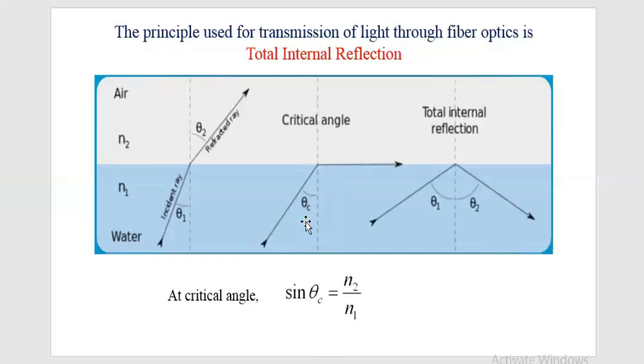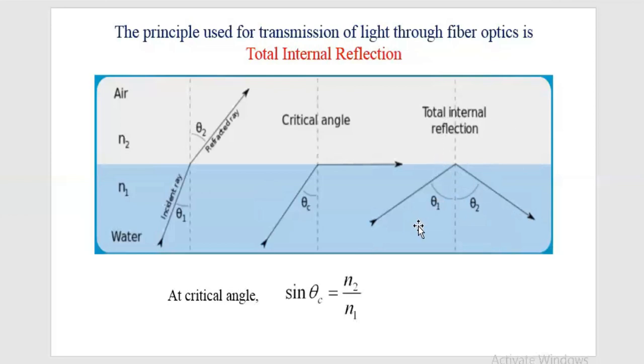Now if the angle of incidence is increased beyond this critical angle, then the ray reflects back into the same denser medium. This phenomenon is called total internal reflection. So what is total internal reflection?